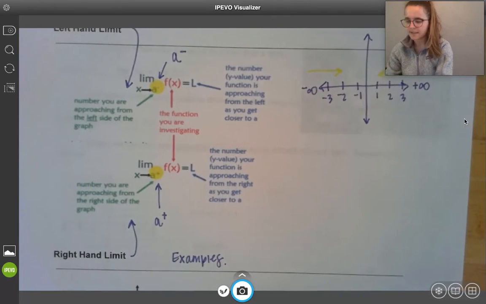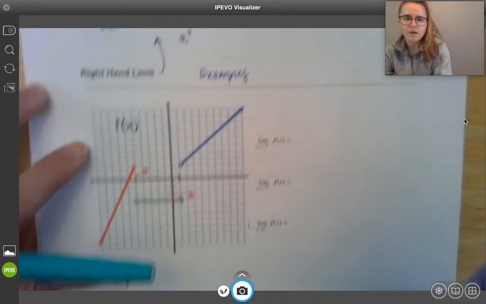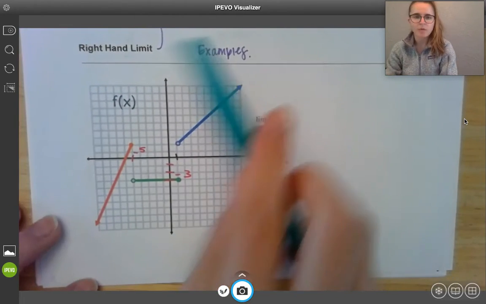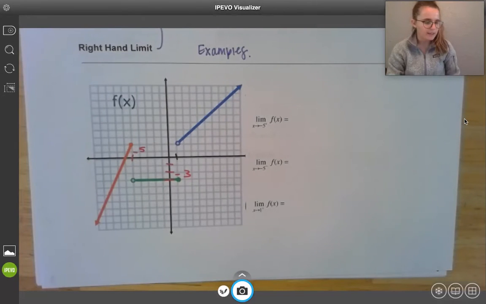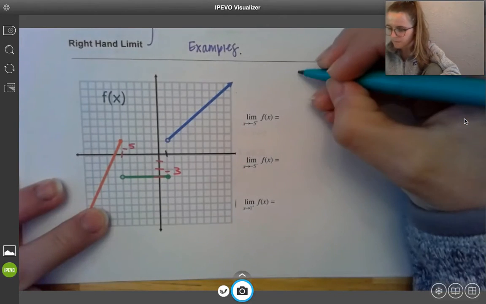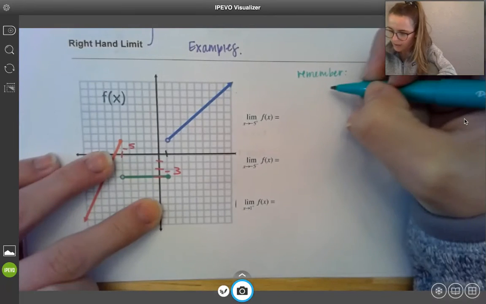Okay, so we're going to run into some examples here. We're going to do some review while we're doing it. Again, remember we're doing examples, not left-hand, right-hand limits. So if you remember before, we have our two-sided limit.